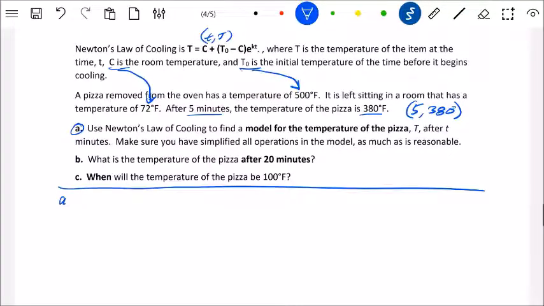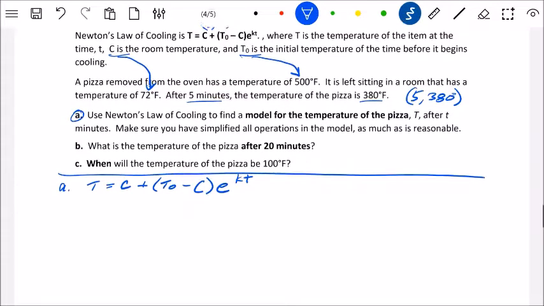So for A, I'm going to do T equals C plus T0 minus C times e raised to the power of kt. With the information we have, the room temperature is 72 plus 500 minus 72 times e raised to the kt.